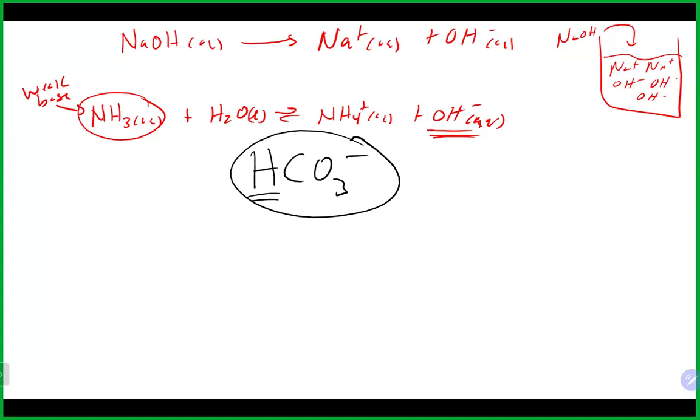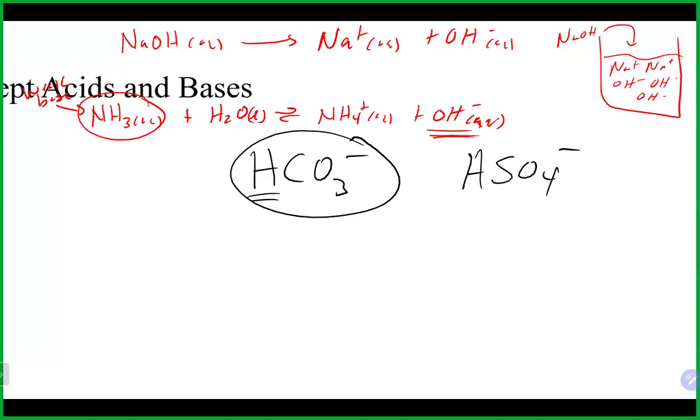So something like bicarbonate could work as an acid or a base. Even bisulfate, some of those polyatomic ions that look like that, have the ability to act as an acid or base because they have the hydrogen to give, and they also have the hydrogen to accept.